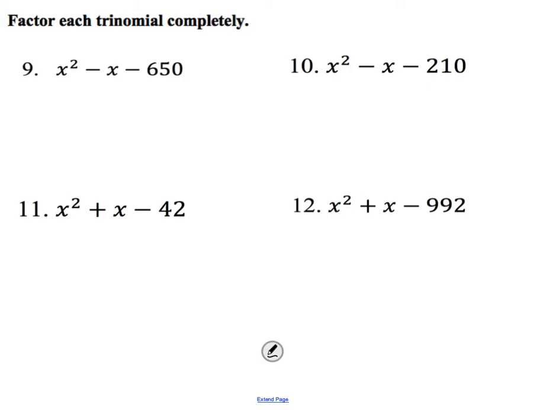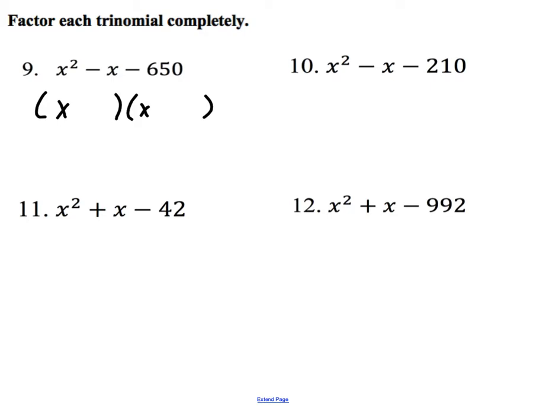So coming over here, looking at this next one here, 650. When I'm doing this one here, x and x here, sometimes it helps to figure out what these two numbers are if you were to take the square root of that number.